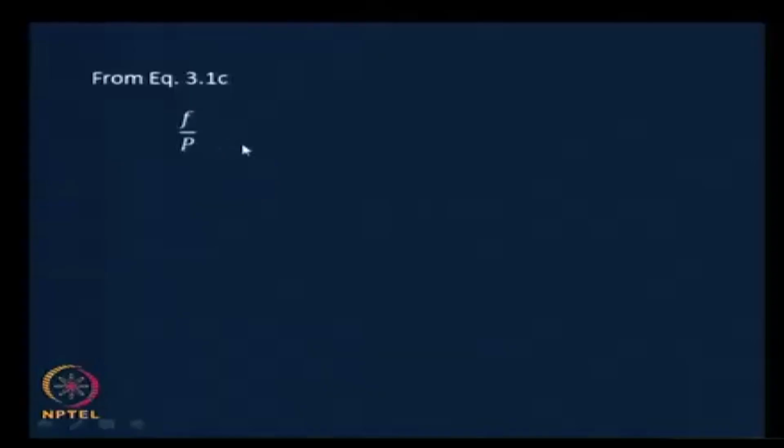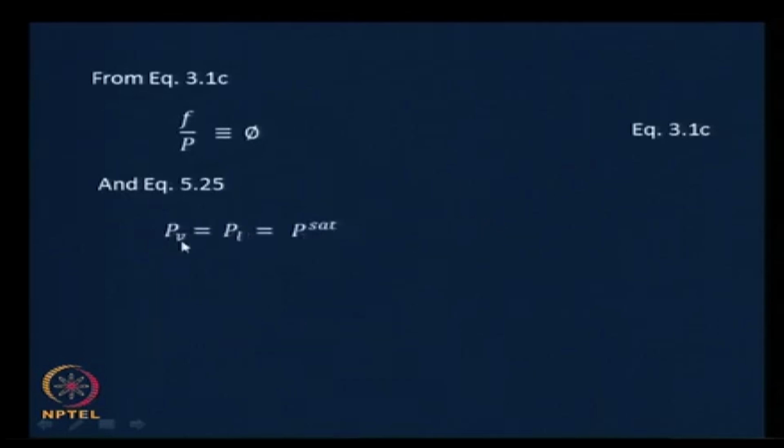Now, from equation 3.1c, you can go back and take a look at what it exactly says. I am going to restate it here anyway. It said that f by P was defined as the fugacity coefficient phi, and equation 5.25 is PV equals PL equals P sat.